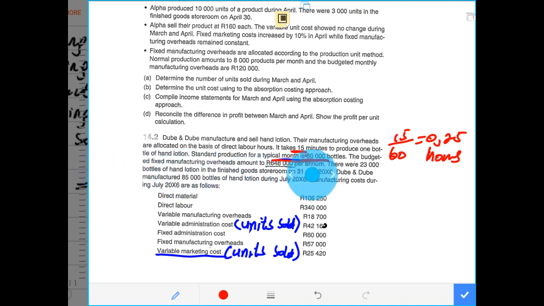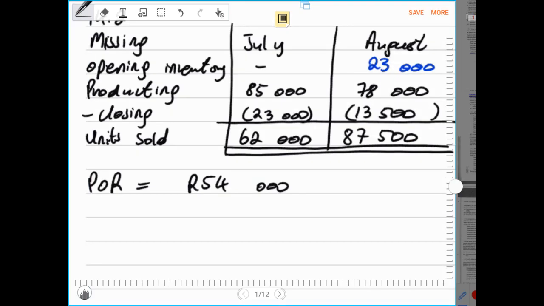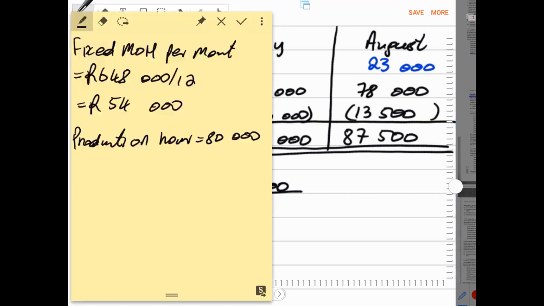So we have to convert our production into the number of hours.